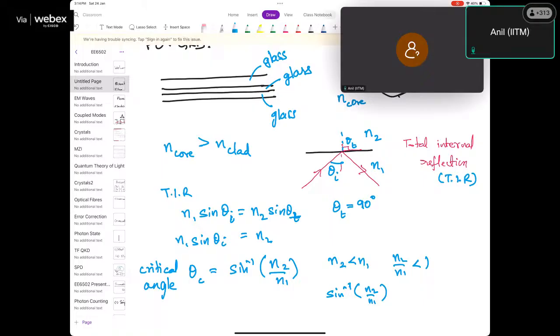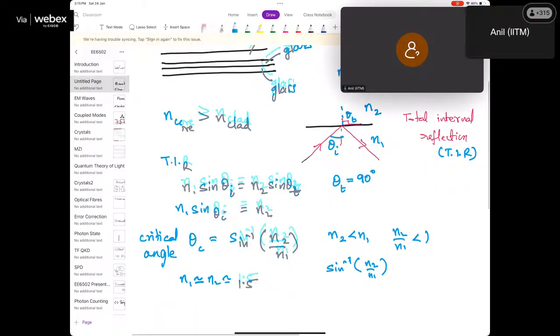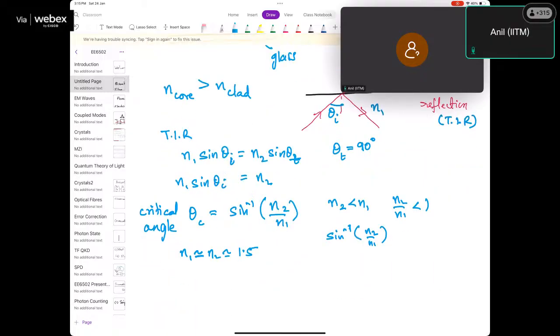However, in this particular fiber optics, N1 and N2 are both close to 1.5, which is the refractive index of glass. So one of them might be 1.49, the other one might be 1.51. They're both approximately 1.5.